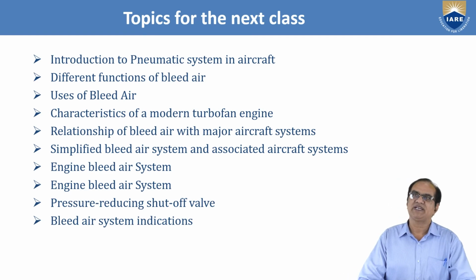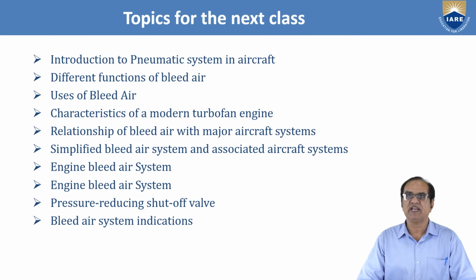So I have completed my today's lecture, and for the next class I am going to discuss these topics: introduction to pneumatic system in aircraft, different functions of bleed air, uses of bleed air, characteristics of a modern turbofan engine, relationship of bleed air with major aircraft systems, simplified bleed air systems and associated aircraft systems, engine bleed air system, pressure reducing shut-off valve, bleed air system indication.